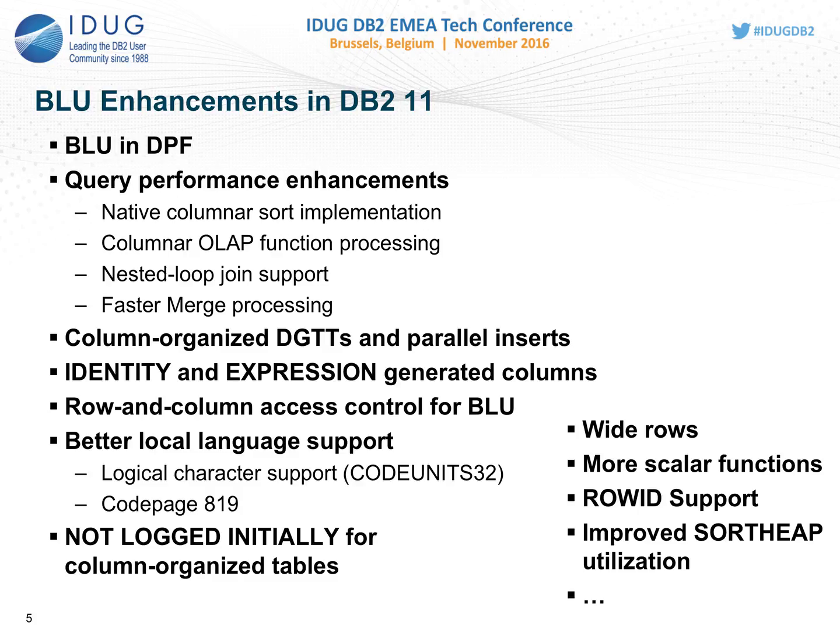That was the code page that most customers had requested. You can alter BLU tables now to make them not locked initially. You can have wide rows. We have optimized even more scalar functions in DB2 for BLU.